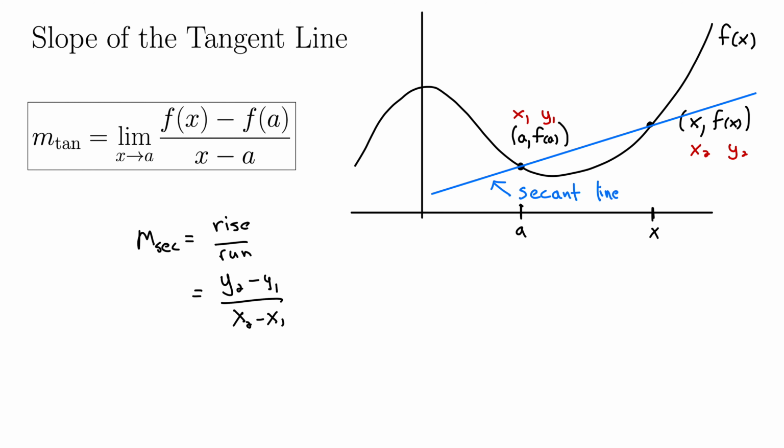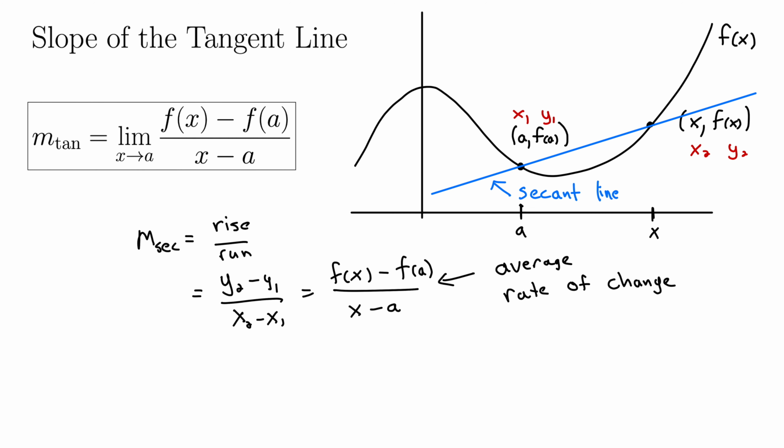Using this equation for slope, we get f of x minus f of a all over x minus a. That gives us the slope of the secant line, which is also known as the average rate of change. What we want is the instantaneous rate of change, which is the slope of the tangent line at exactly the point a comma f of a.